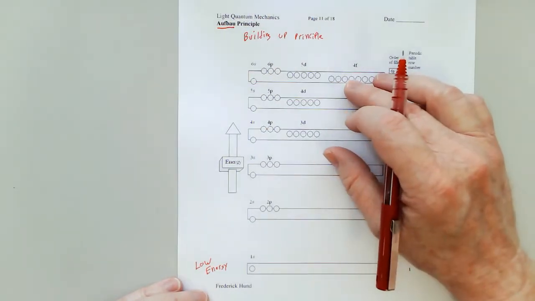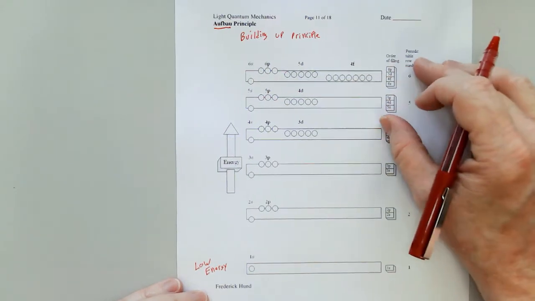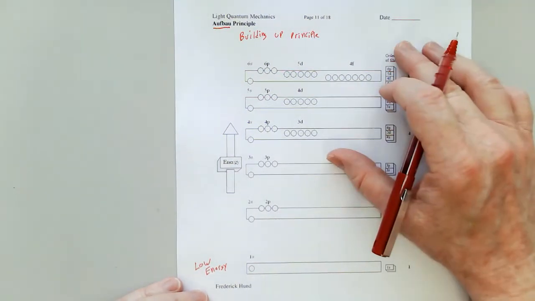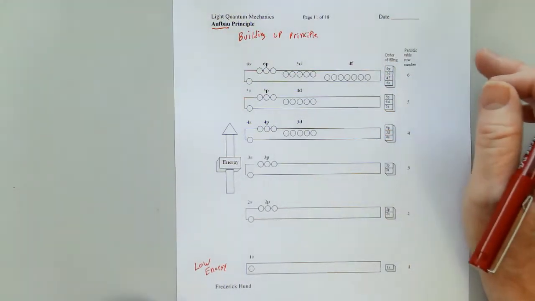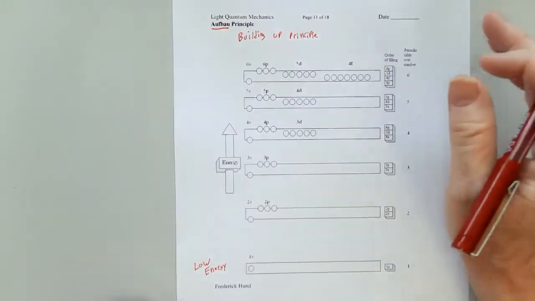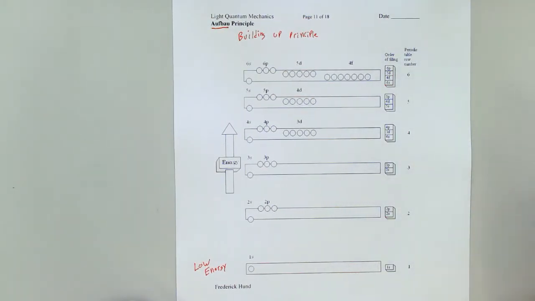The f's represent the lanthanides and the actinides. Okay, so it's a slightly different way of looking at the table, but it tells you what its structure is. And for that reason, you don't really need to memorize this table. It's not that important.